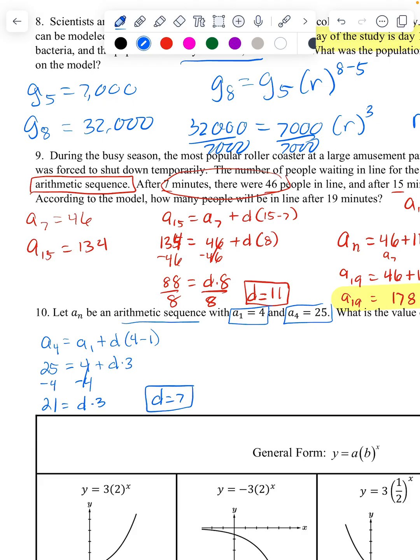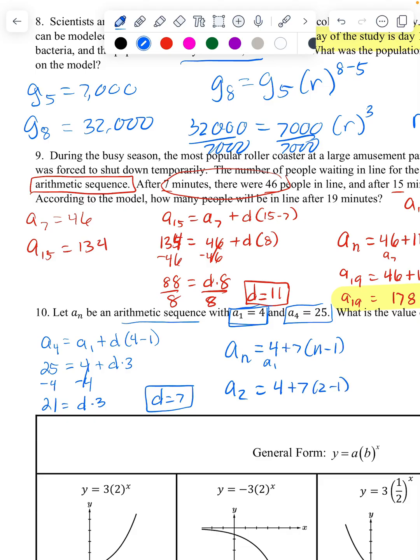Feel pretty happy, feel pretty proud, but I really am not done. I need a general equation so I can find any term that I want. So a sub n is going to be my initial term. I'm going to use the 4. And then I'm going to add my common difference, n minus 1 times, because this was the 1st term. So to find the 2nd term, I'm going to plug in a 2.